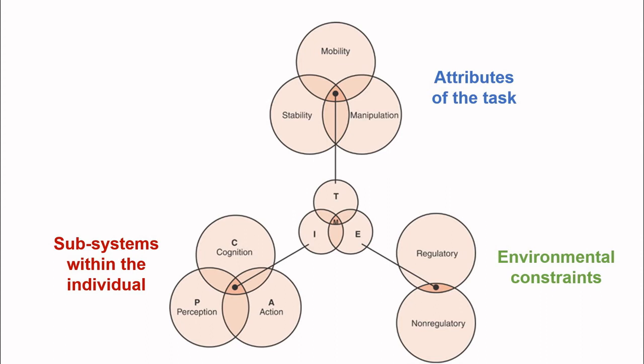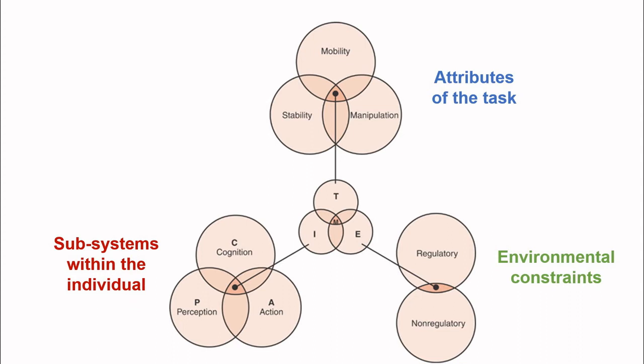Surrounding M, we have three overlapping circles, representing different sets of constraints that are combining to affect and to influence the particular movement pattern that emerges. T stands for task, and is split into three core functional task attributes: the ability to regulate posture, the ability to be mobile in the environment, and the ability to manipulate objects in the environment.